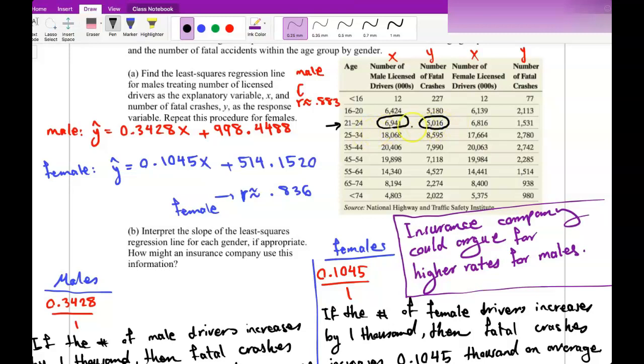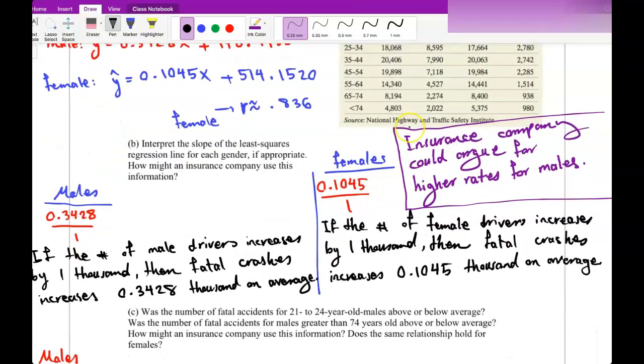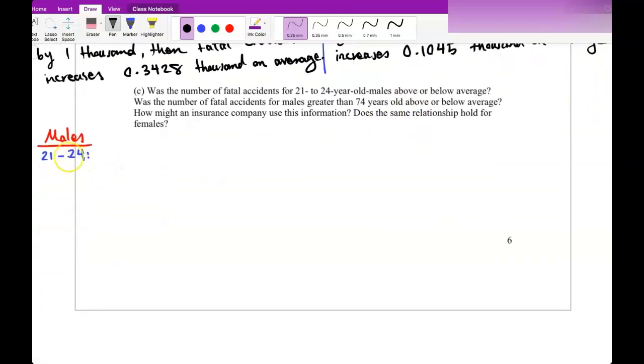This is observed. Here we want to find predicted and then compare predicted and observed and see what the result is, if the answer is above or below. X is from the table, we have 6,941.